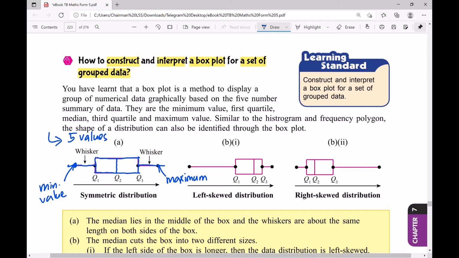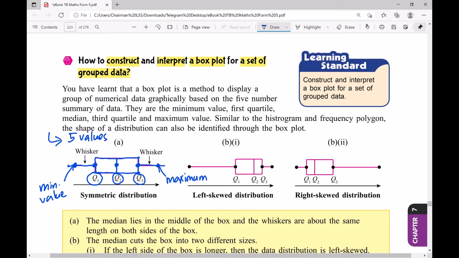All this you can get from your ogive. The third value is your first quartile. The second value is your second quartile, and the fifth one is your third quartile.